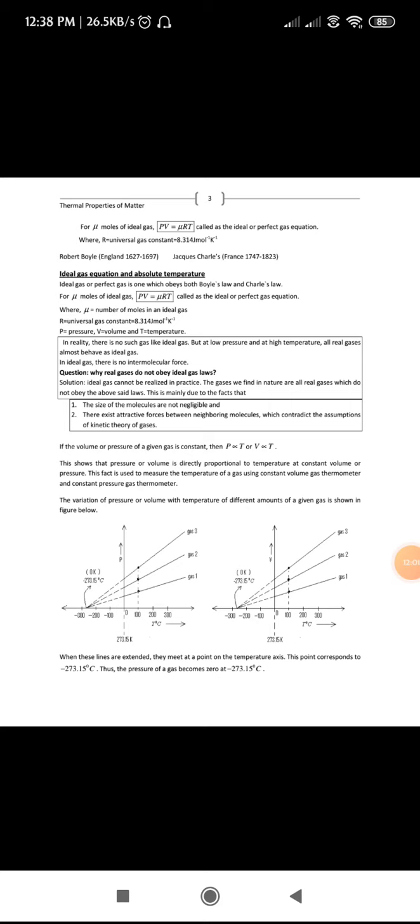If you decrease the temperature of a gas beyond that, the pressure or volume will take a negative value, which is not possible. So that is the least minimum temperature that can be attained, where the pressure and volume of a gas become zero, and that itself is called absolute zero.